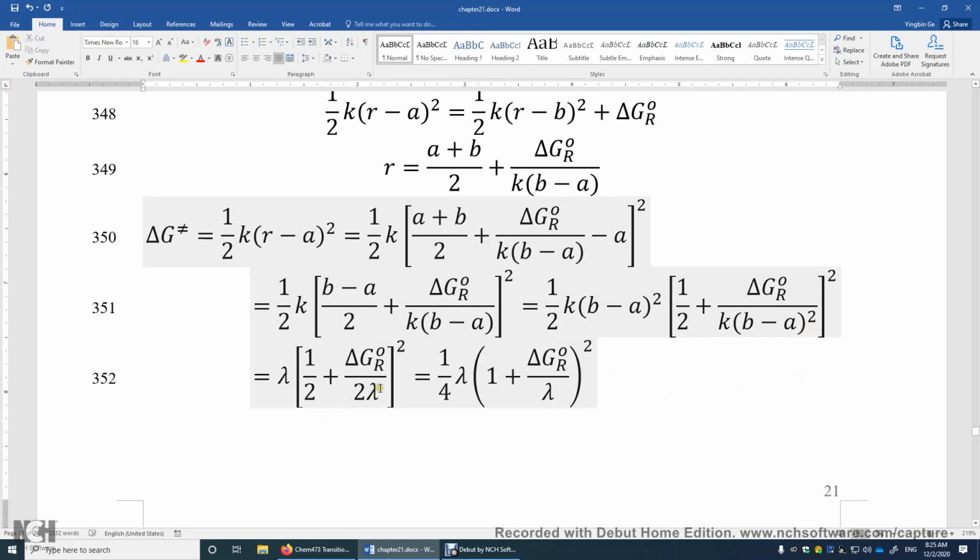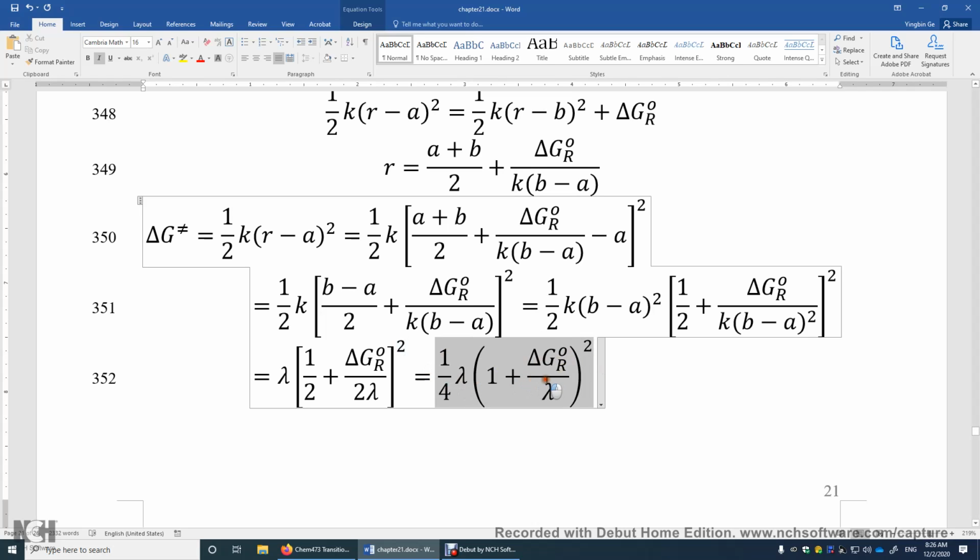Okay, so I have 2 lambda here. Now I have a 2 on the bottom here, I have another 2 on the bottom here, I can take them out. But this 1/2 is squared, this 1/2 is also squared, so I take a quarter. I put a quarter here, a quarter lambda times 1 plus delta G of reaction over lambda, squared.